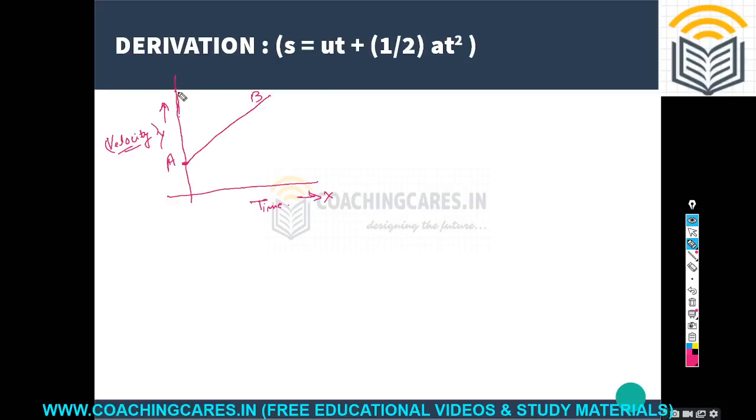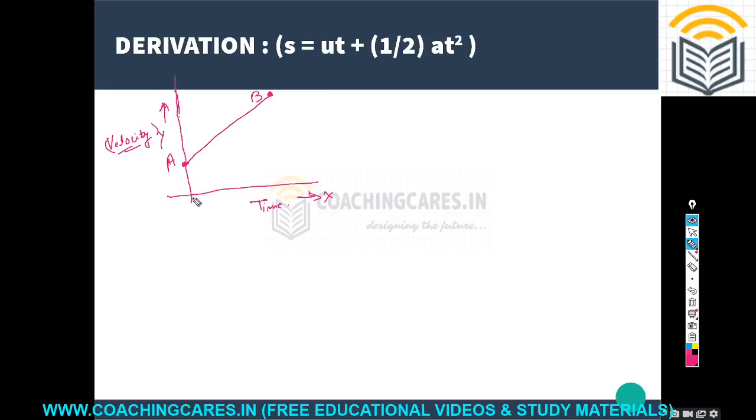Just try to understand this. The object starts the motion from point A and ends the motion at point B, and this is the plotted graph describing the whole motion.